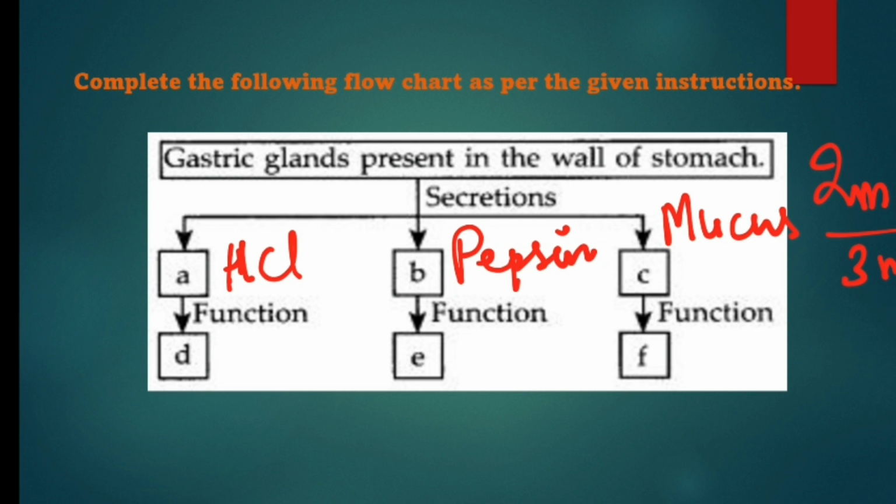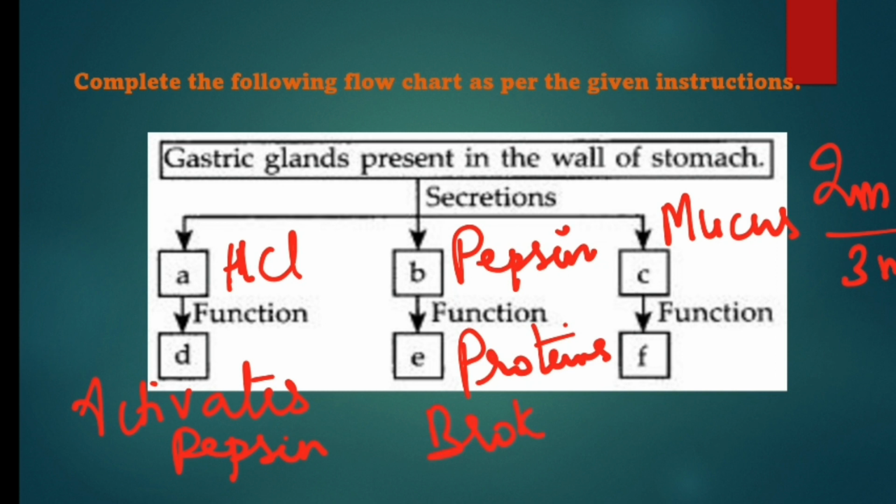Hydrochloric acid helps in the digestion of the food, and it also activates the enzyme pepsin. Pepsin has to be activated so that it can break down protein. So what is the function of pepsin? Pepsin breaks down the proteins.